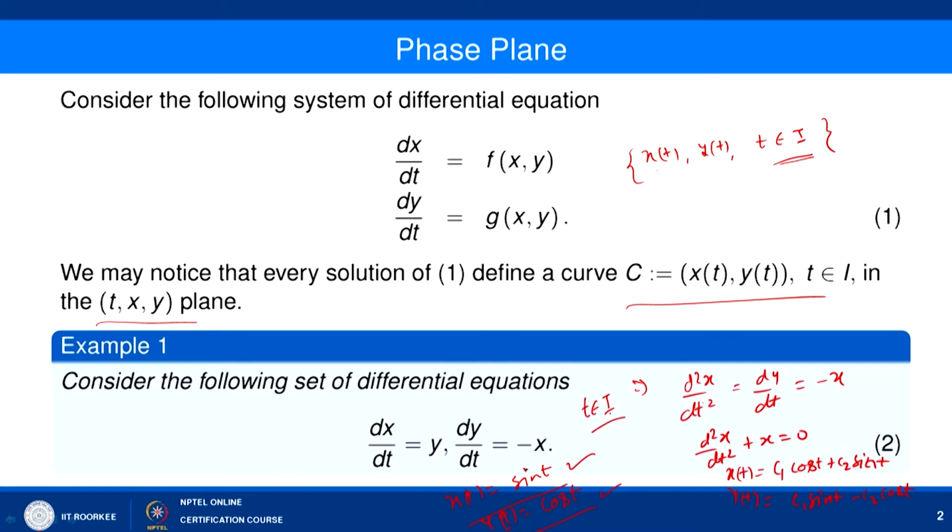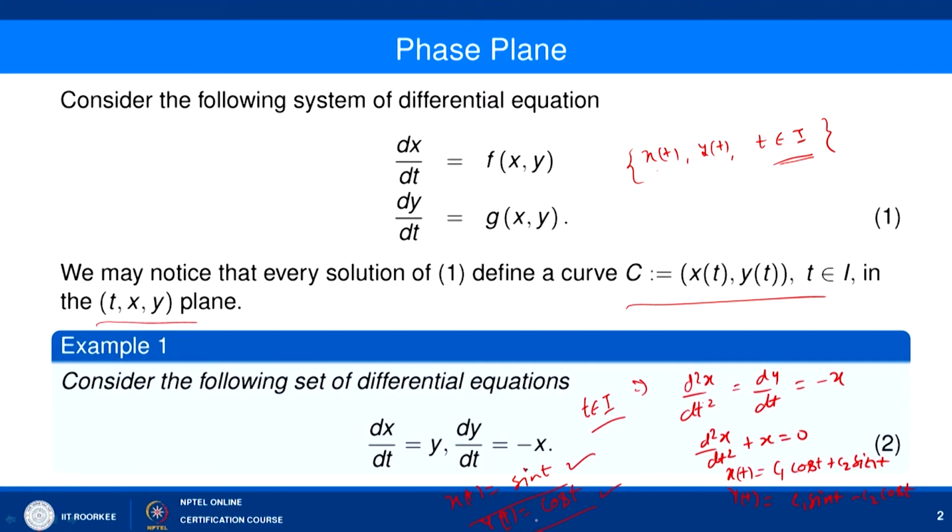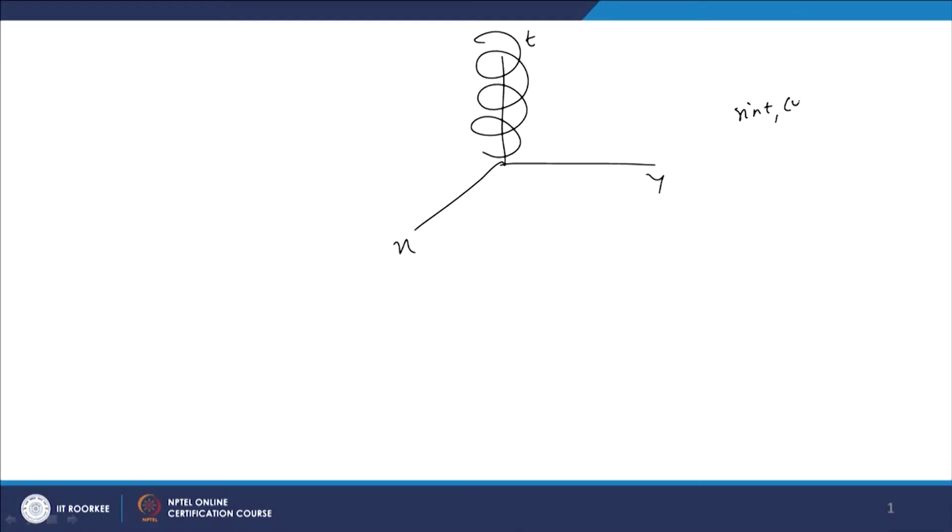Now the interesting part is that this solution, sin t and cos t, will also trace a path in the 2 dimensional plane, the xy plane.